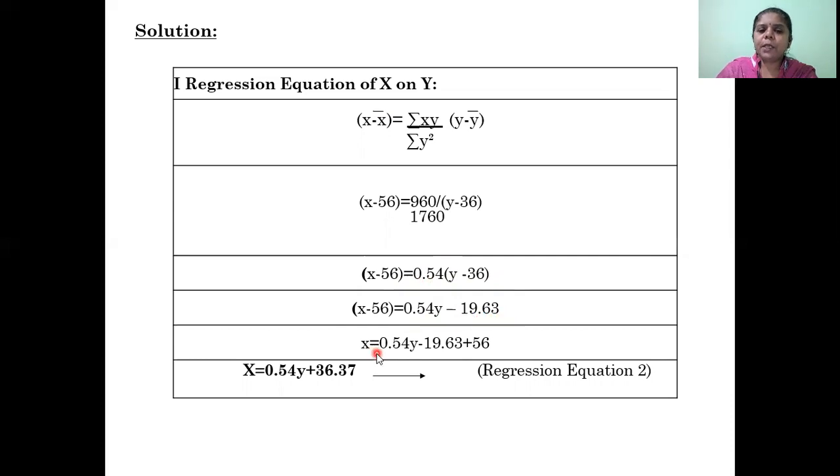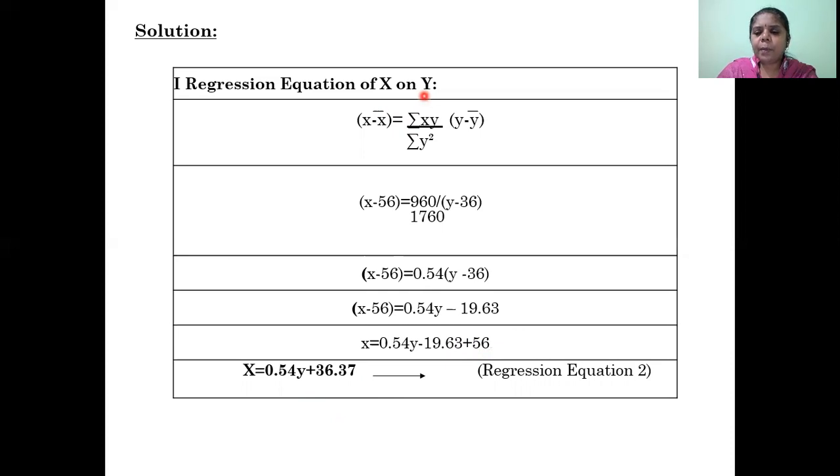So x is equal to 0.54y minus 19.63 plus 56. Minus into plus becomes minus, but the plus 56 value is more, therefore plus 36.37. This is the regression equation x on y.